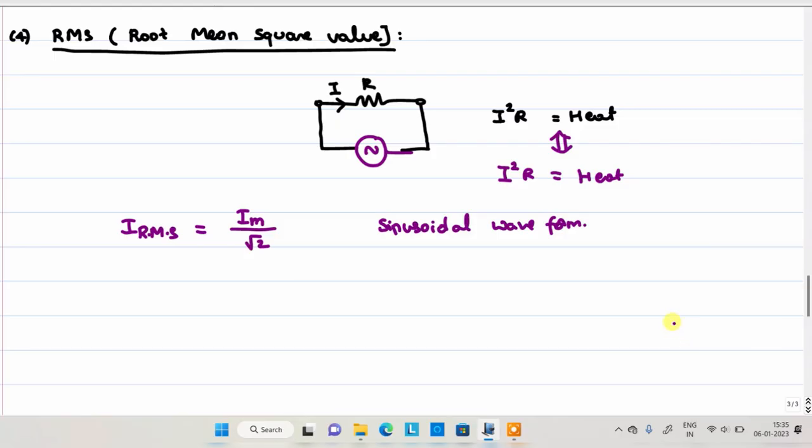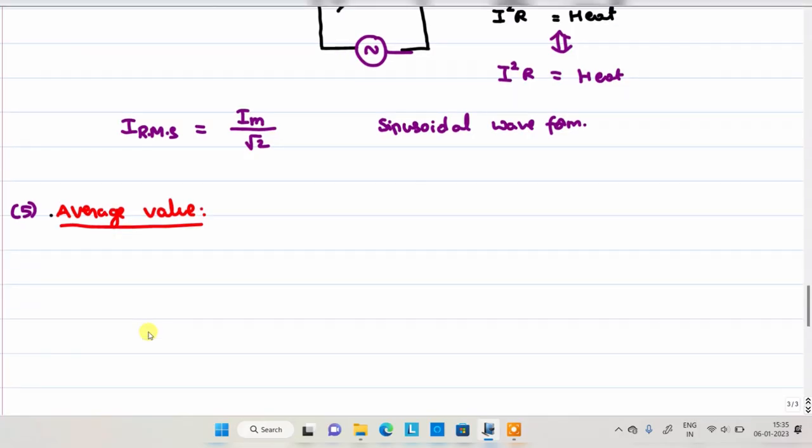Next, coming to the average value. The fifth topic is the average value.